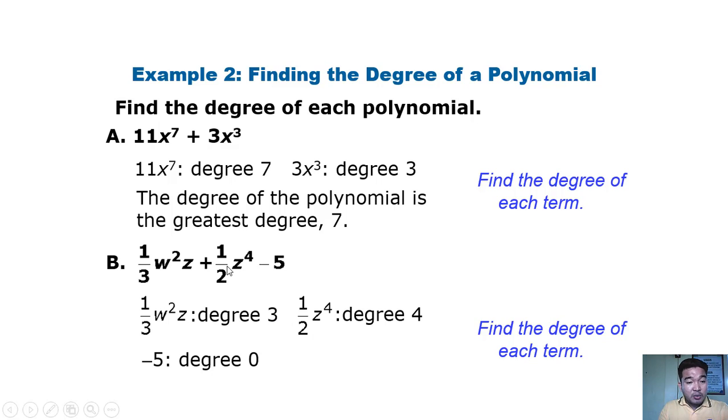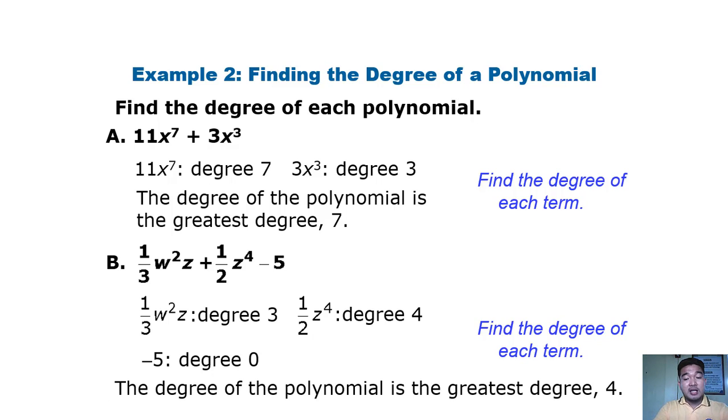For the second term, we have 1/2 z to the 4th. So the degree here is 4. And then for the last term, we have negative 5. So it's a constant term. So the degree is equal to 0. Alin ang may pinakamataas? Is it 3, 4, or 0? So the degree or the greatest is 4. So the degree of the polynomial is 4.